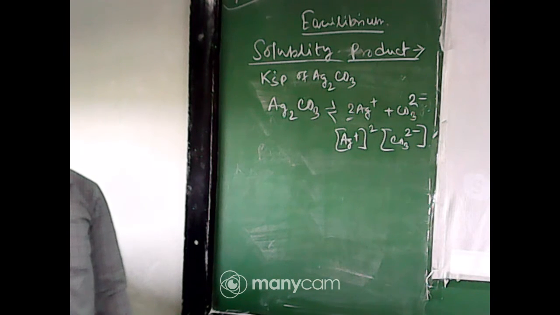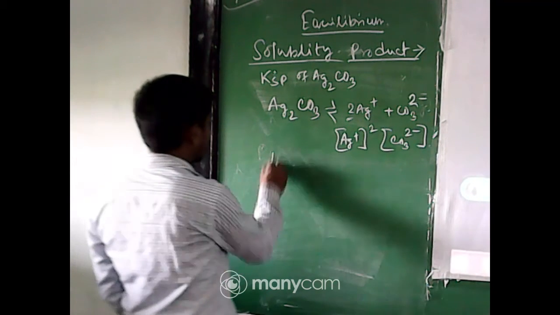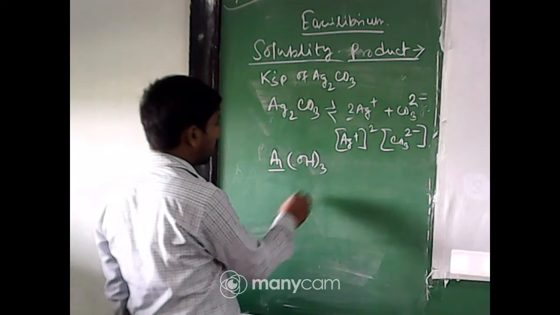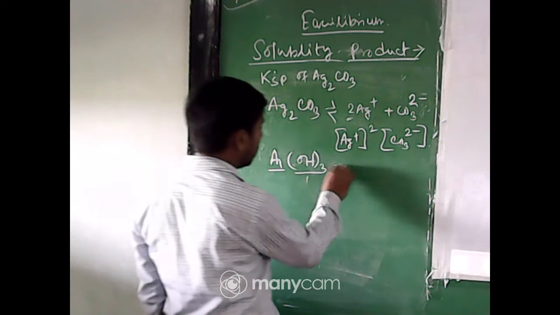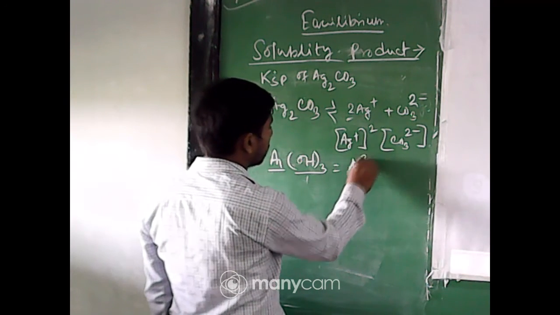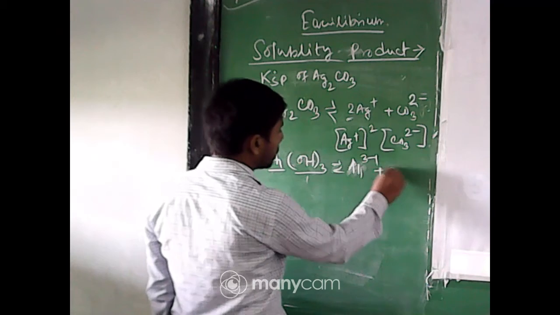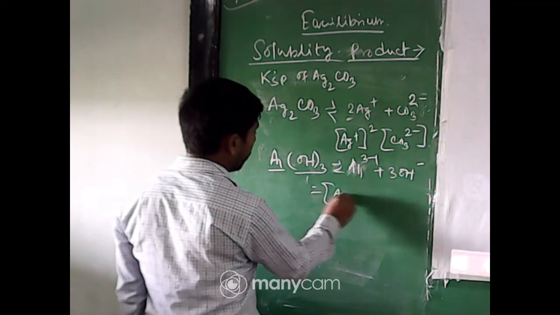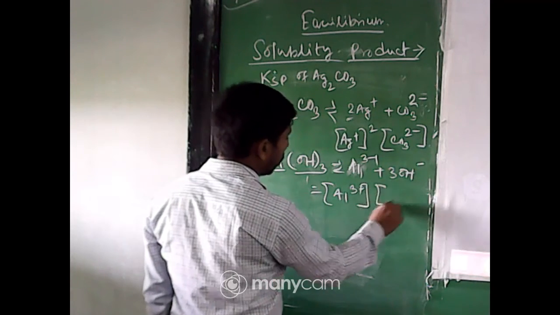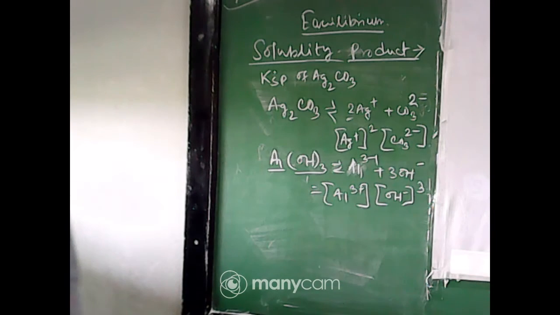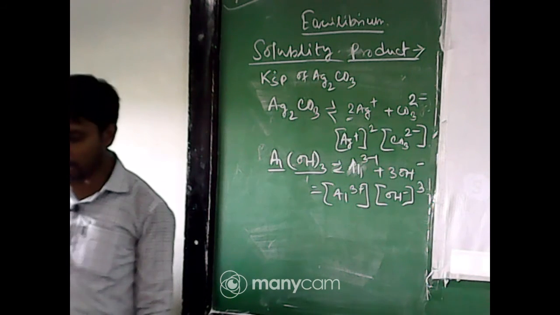Another example you may take is aluminium hydroxide. The aluminium atom has 1, here it is 3. It dissociates as Al3 plus and 3OH minus. So, the concentration of Al3 plus times the concentration of OH minus cubed. You may write it down.